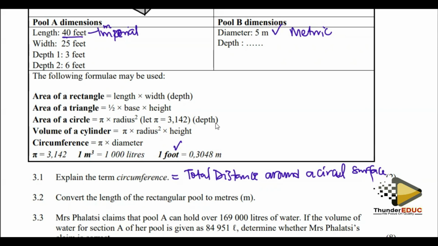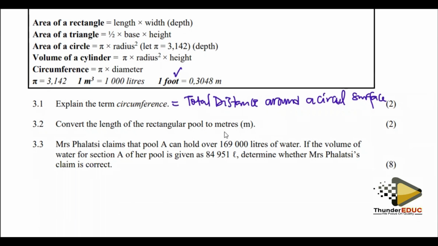So if 1 foot is 0.3048 meters, what will happen if you have 40 feet? 40 times 0.3048, which is 12.192 meters.